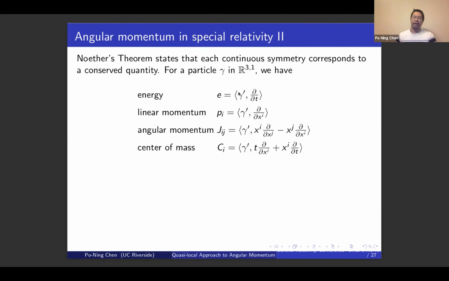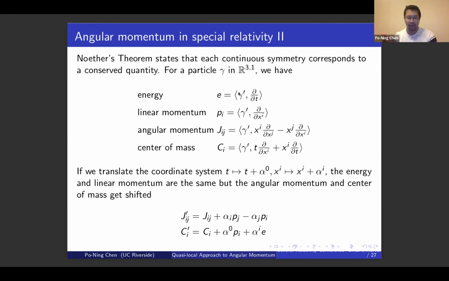Specifically, if you have a particle moving, then the energy, linear momentum, angular momentum, and center of mass can be obtained by pairing the velocity with your isometry.